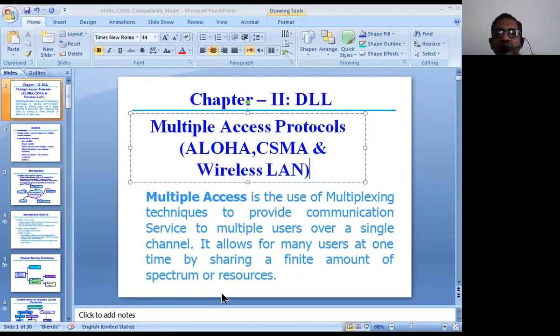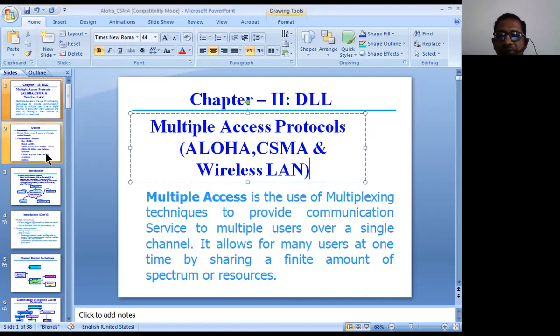But in the case of wireless communications, the main limitation is bandwidth. Therefore, we normally use multiple access techniques whenever we access a shared resource among multiple users. That is the basic concept of multiple access techniques.